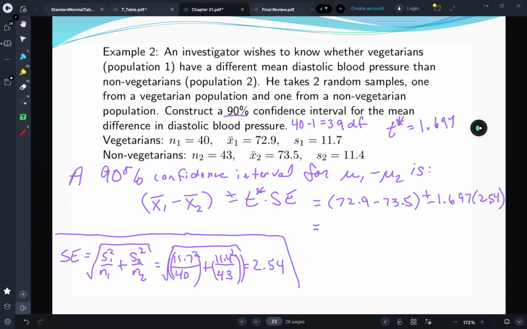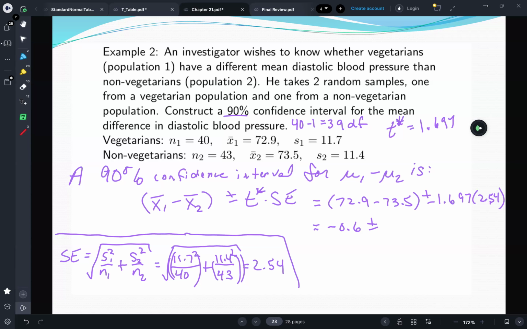Right? So remember we're talking about vegetarians' diastolic blood pressure versus non-vegetarians. So the average 72.9 subtract 73.5 gives us negative 0.6 plus or minus.